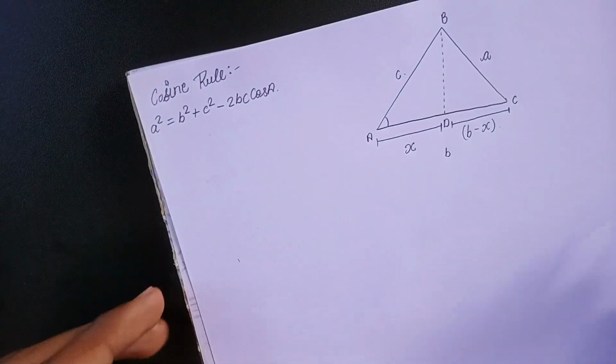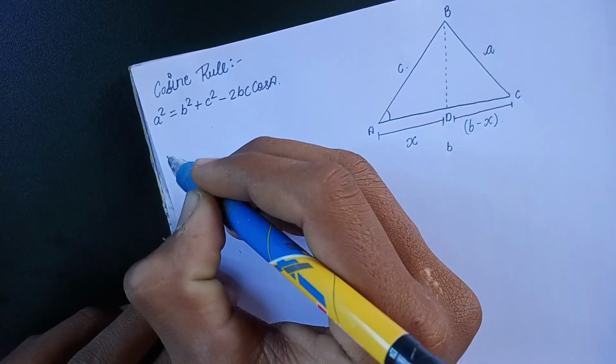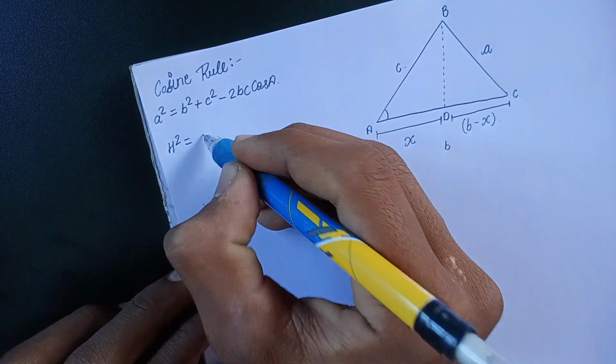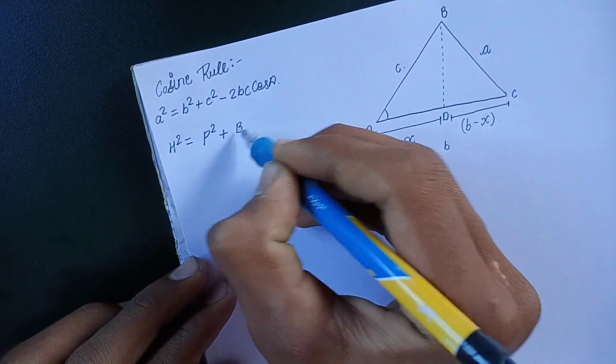Now if we apply the Pythagorean theorem, which states that in a right angle triangle the square of the hypotenuse side equals the square of the perpendicular side plus the square of the base side.